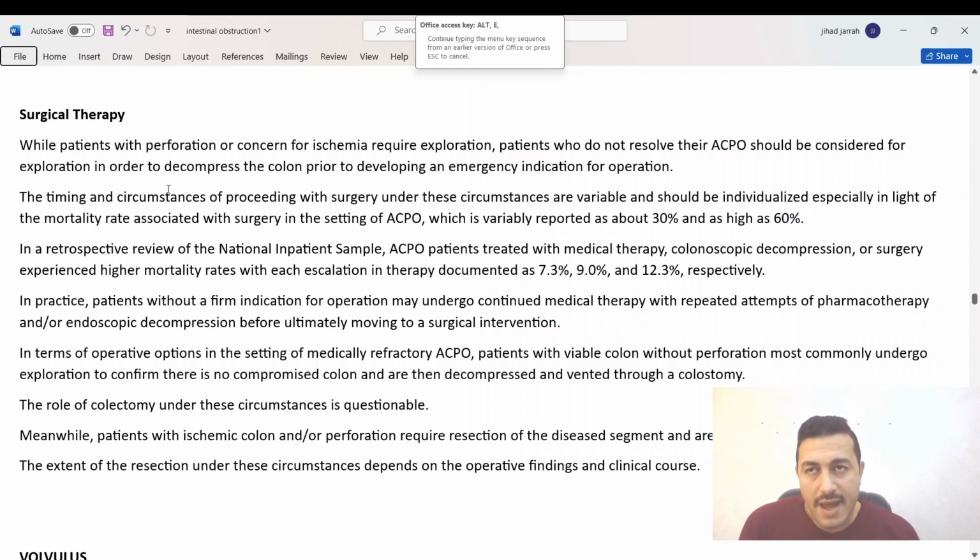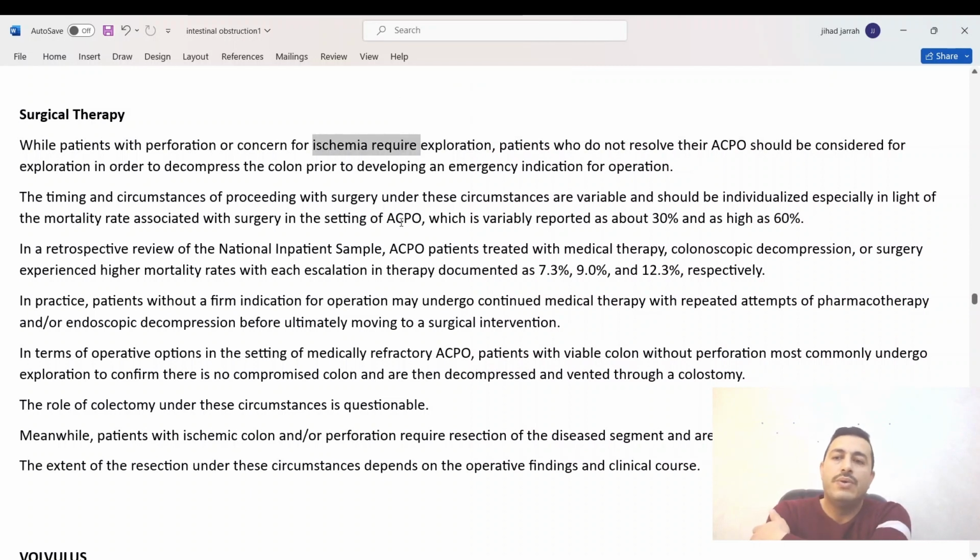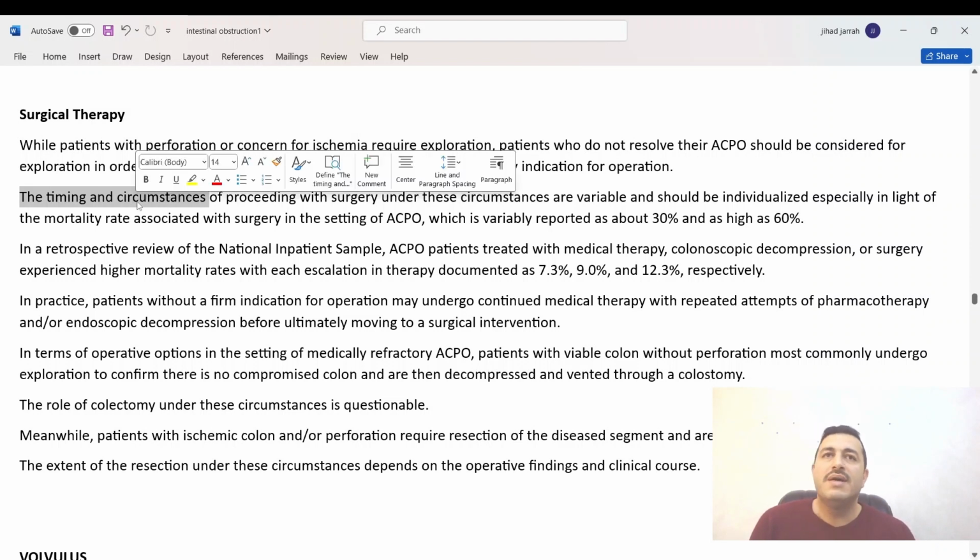And we can proceed to surgical treatment from the beginning if there is a sign of ischemia, so we proceed for exploration as an emergency surgery.